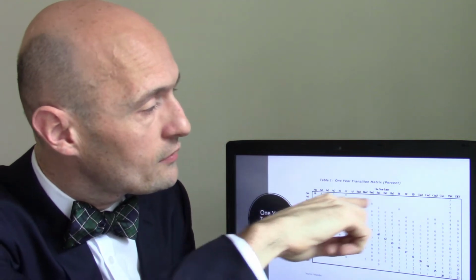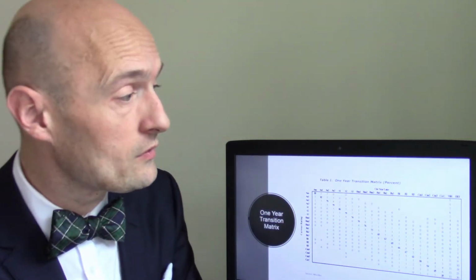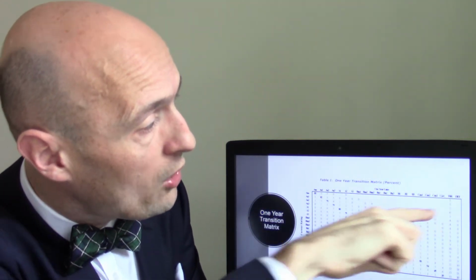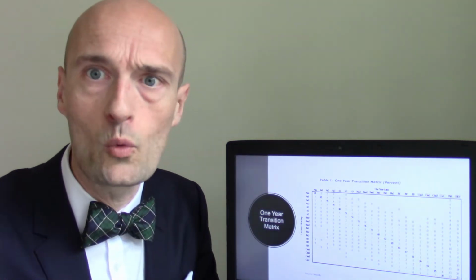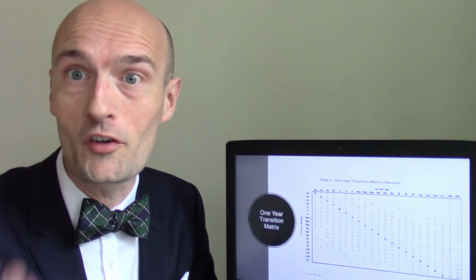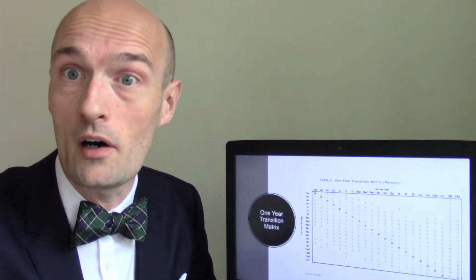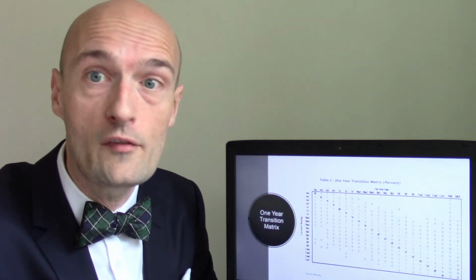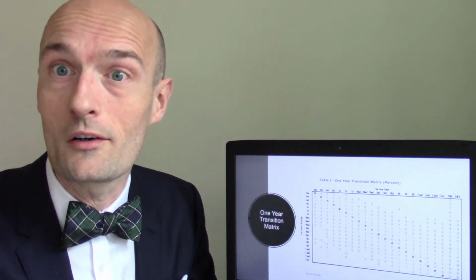Then there are no big gaps down other than that. Now you'll see over here WR, which stands for without rating. To explain that, there are certain bonds that just sort of disappear because they've been paid off or something like that. So 5% are just no longer available.